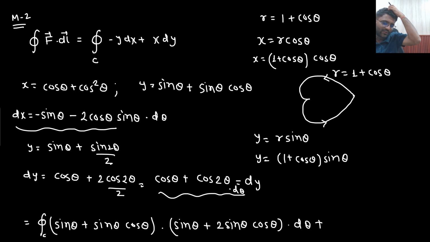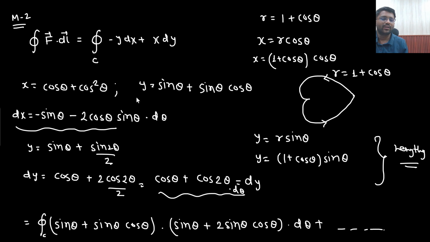Look, so much lengthy calculation. Sin square theta, sin 2 theta, this lengthy calculation would keep on going. Although you can solve it and you will get the same answer, the calculation is lengthy.